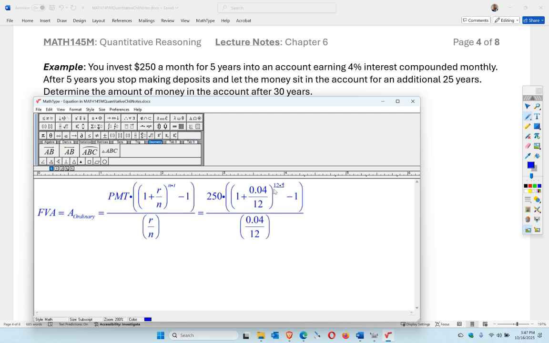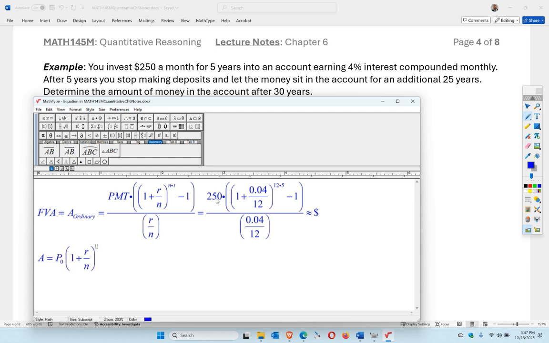So again, that'll be an approximation. That's the first 5 years, and we'll get a dollar amount. And then after that, we're going to take that and do A equals P sub 0, because that's the initial principal, times 1 plus r over n to the nt.